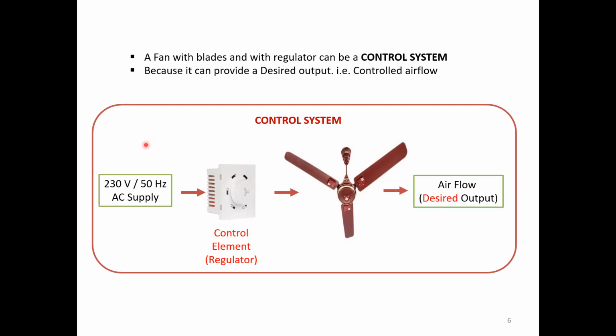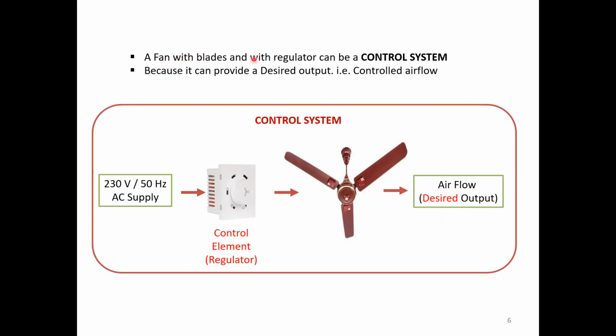Why is it a control system? Because we are using the regulator here. We apply the AC supply, then the regulator. By using the regulator, we can control the fan, and as a result we will get the desired output or desired airflow. This is the control system.